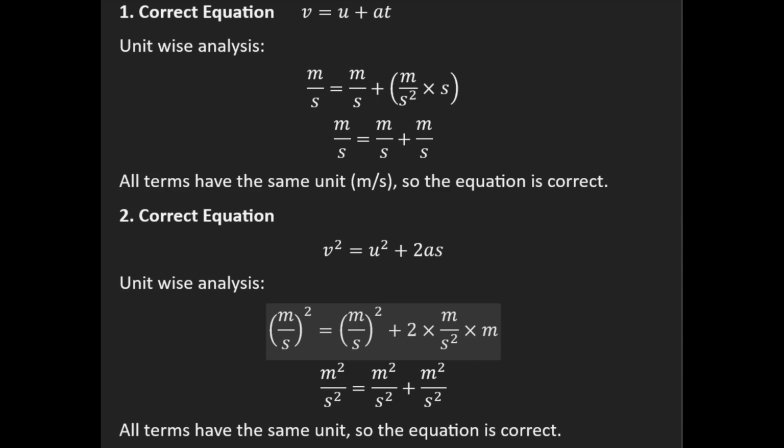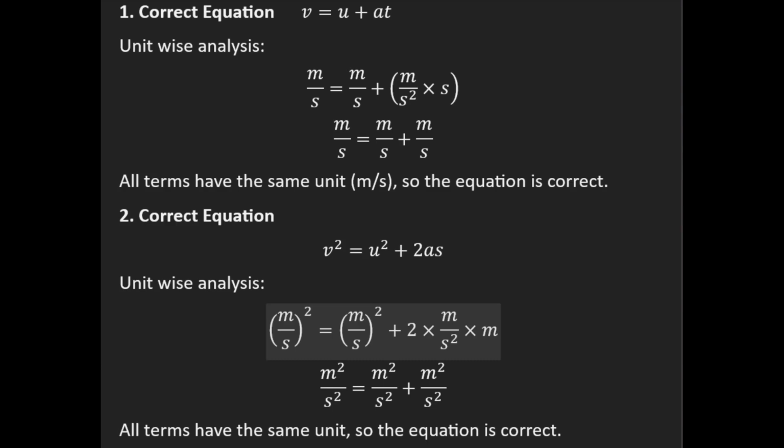Now, let's substitute their units. Unit of velocity is meter per second. Unit of acceleration is meter per second square. Unit of time is second. So, after replacing the units, we get meter per second equals meter per second plus meter per second square multiplied by second.